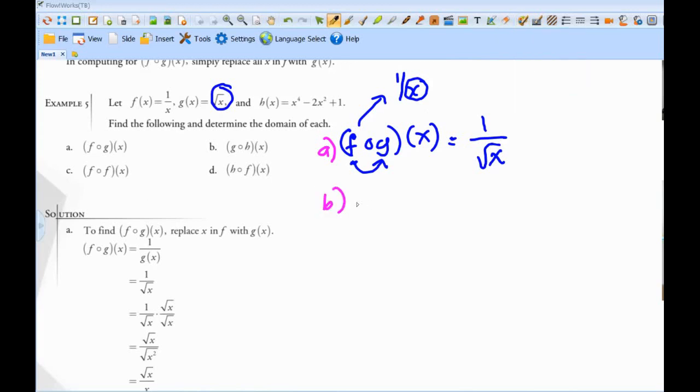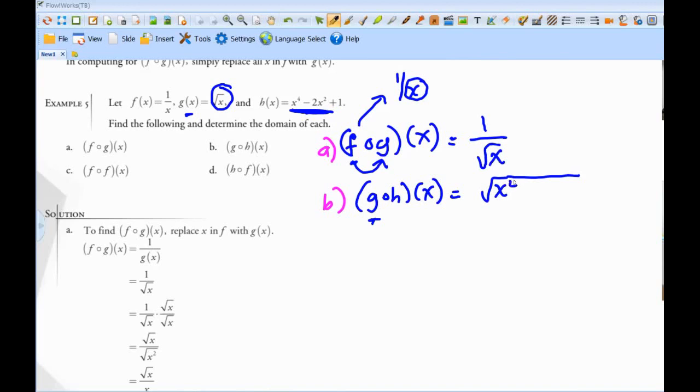We have g circle of h. So your g is your function. Where is the g? Here. It's the square root of x, right? But you will not write the x. What is inside of g is your h. So you will not write that x alone, but you have to write what is inside h.